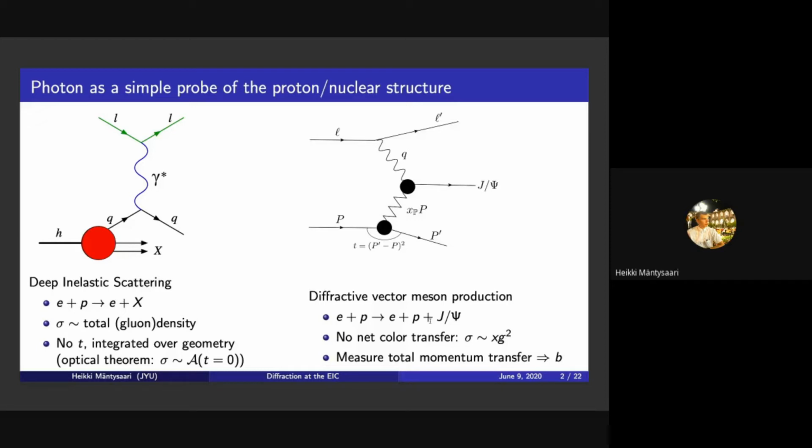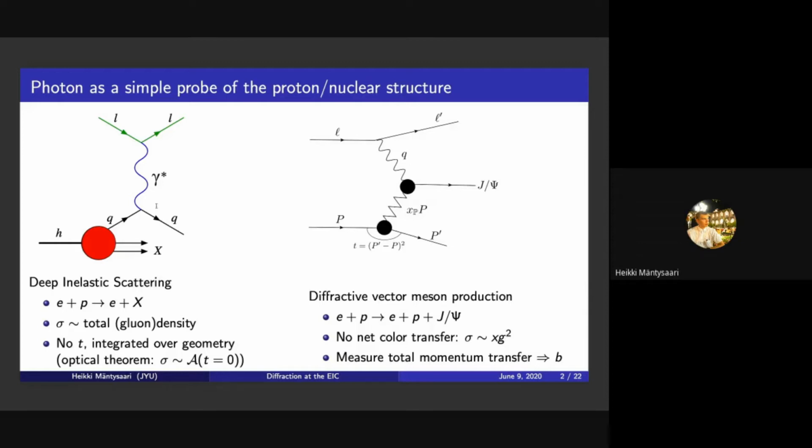So it's not that straightforward to determine from the measurements what's actually going on in the nuclear wave function. On the other hand, if I have just a point-like lepton that emits a photon, then the process is much cleaner, and I can do many interesting measurements.